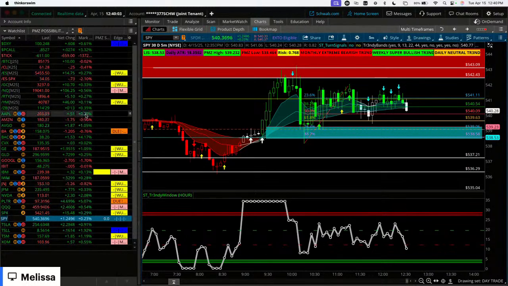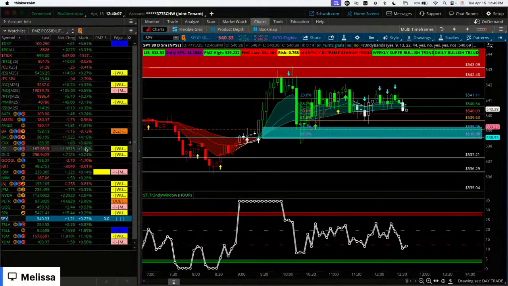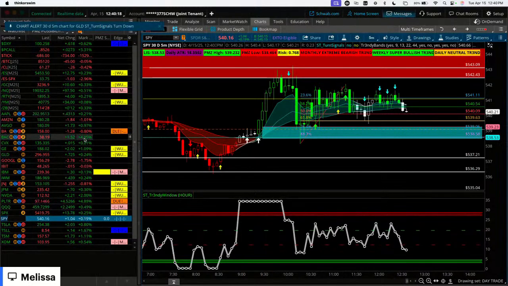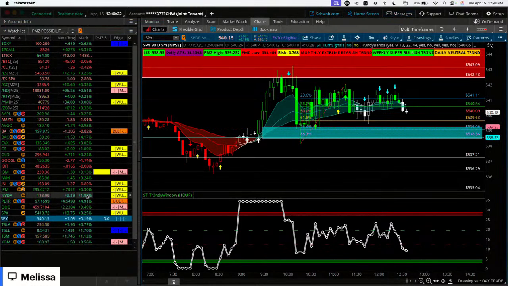So I scan my watch list for things that trade inside of the NASDAQ, since all indexes are green and the NASDAQ is the outperformer. Then I'm looking at names that trade within the NASDAQ and what is up more, outperforming the NASDAQ.